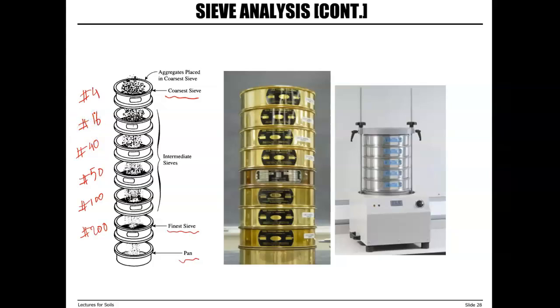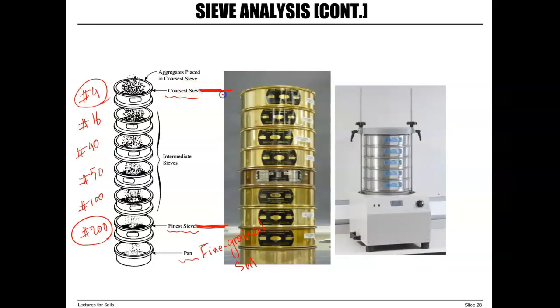For example, we use these sizes, but it's important that we have size number 4 and number 200, because below number 200, we have fine grained soil. So sieve number 200 separates coarse grain from fine grain.